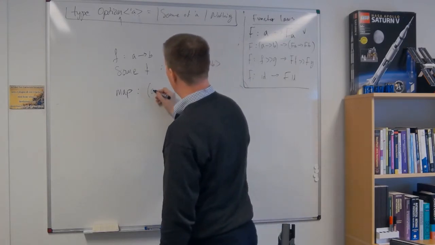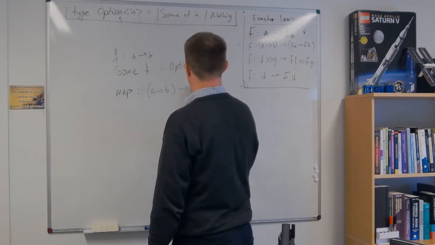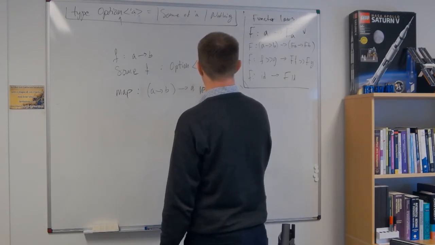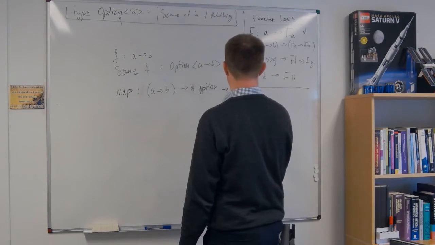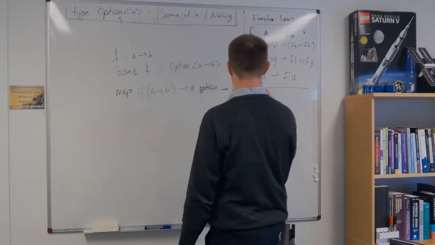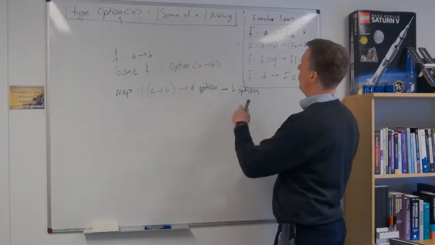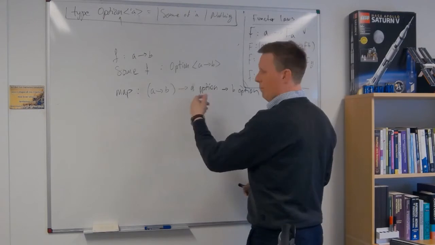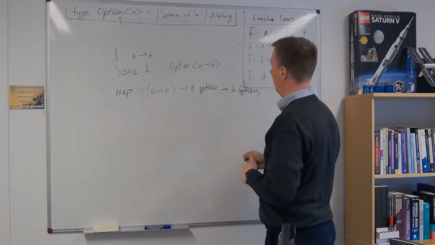Map takes a function A to B, it takes a value of A option and produces a value of B option. As we showed in the previous lecture, if I have an option containing 42 and I apply some function, it will change the inside of it, turn it into a string option or something.